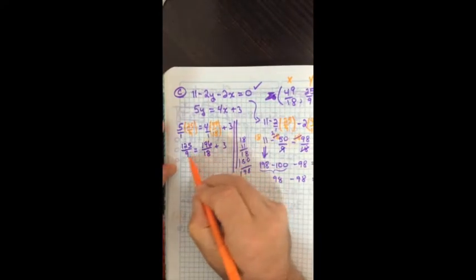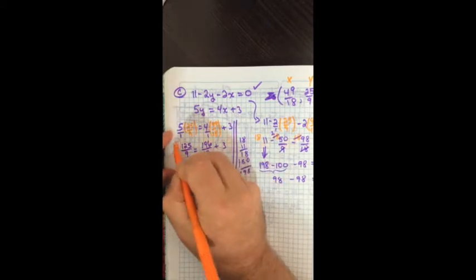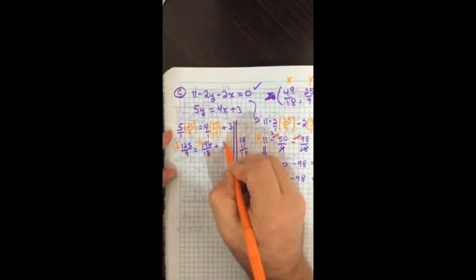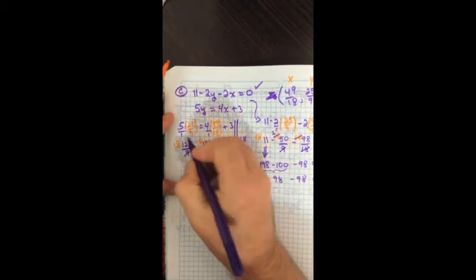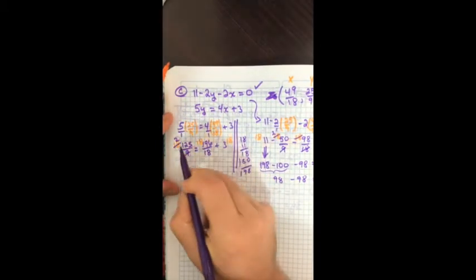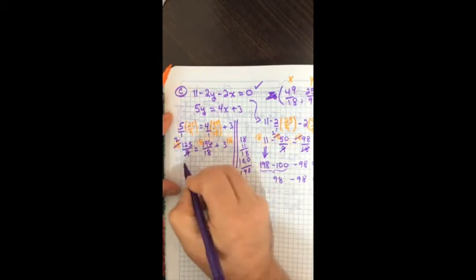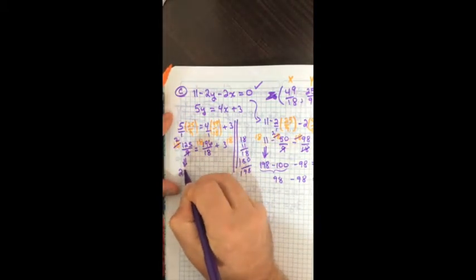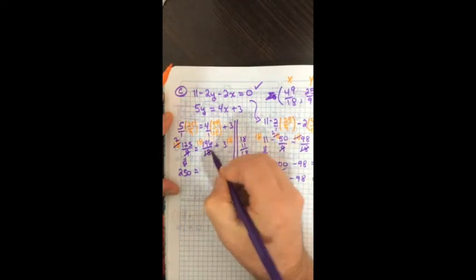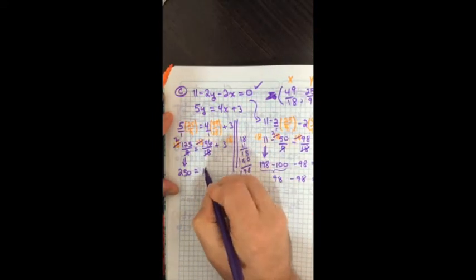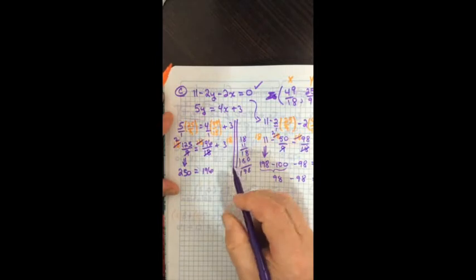Okay, same thing. It looks like an 18 will get all these to go away. So I'm going to multiply by 18, 18, and 18. Okay, 9 cancels 18 down to 2, so I'm left with 2 times 125. So that piece is 250. Here, 18 cancels out 18, so that's 196.